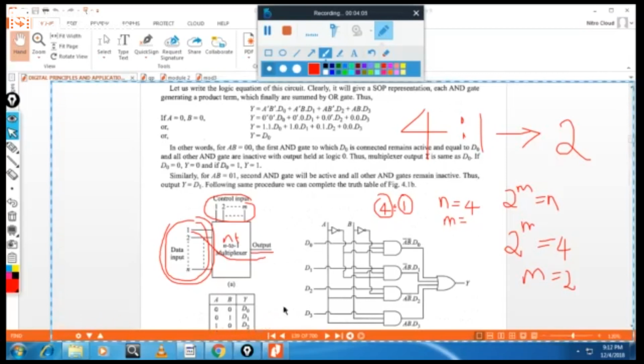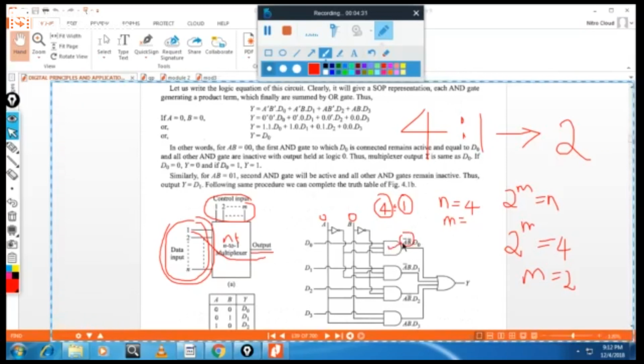So you can see here, this is the circuit diagram. A and B are the control signals. Suppose A is 0 and B is 0, then A bar is 1 and B bar is 1.